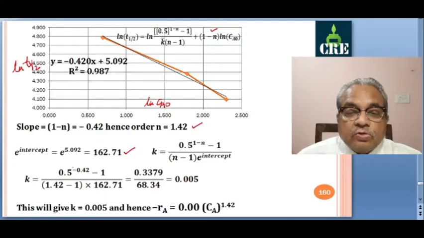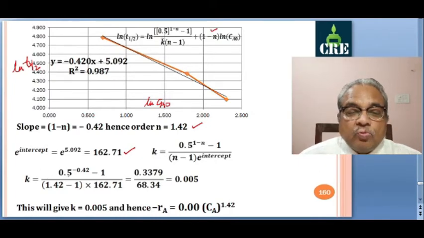Okay, so you can calculate k is equal to 0.5 raised to 1 minus n, minus 1. In the denominator you have n minus 1, and this constant value, e raised to c, will go in the denominator, and you can calculate k.